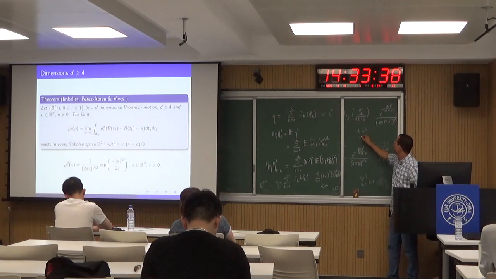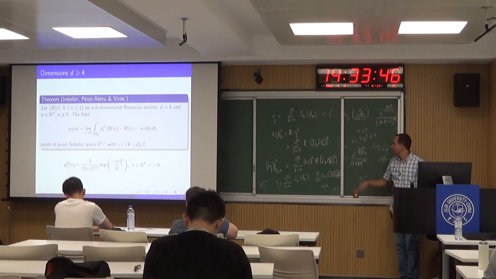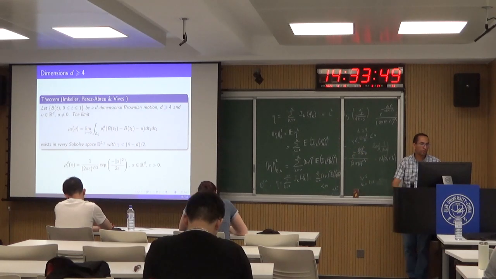Then (4-d)/2 is clearly negative, and γ is strictly smaller. It means that the self-intersection local time only lives in some Sobolev space with a negative index, so it is a generalized random variable.